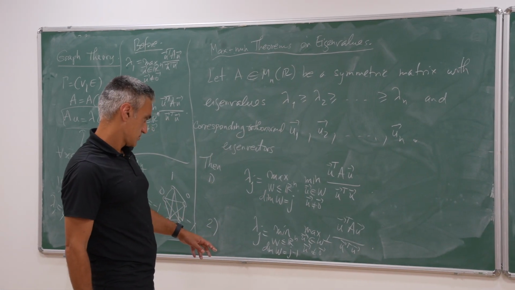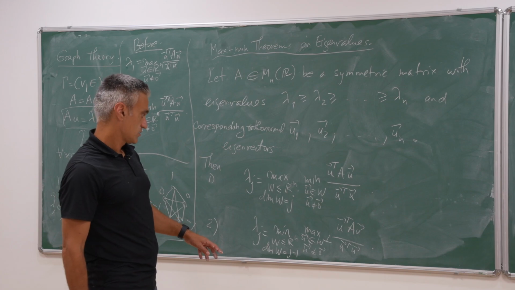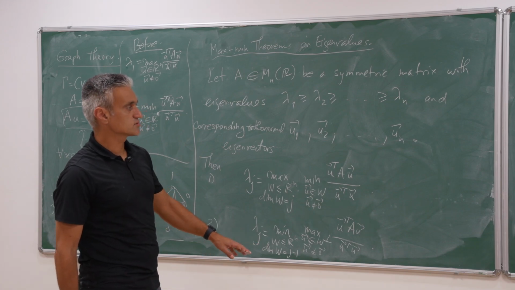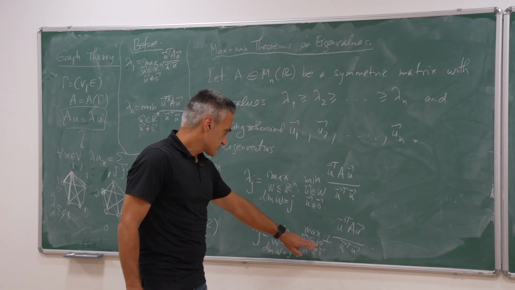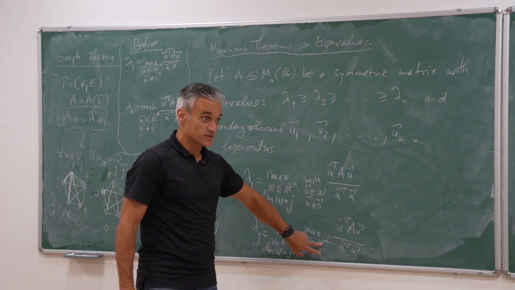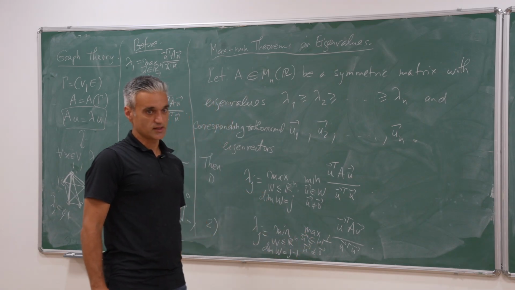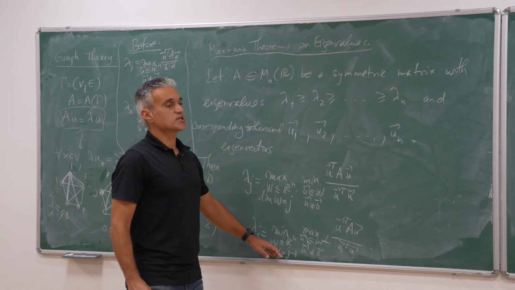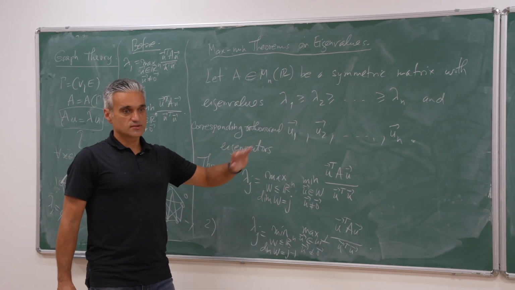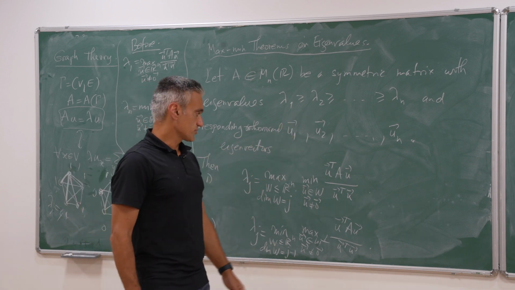So the dimension here should be n minus j plus 1. No, I think this is okay. Well, let's go through the proof and we'll see. Because the space here, W perp, is going to have dimension n minus j plus 1. You can remove the perp, but I thought it saved me some time.